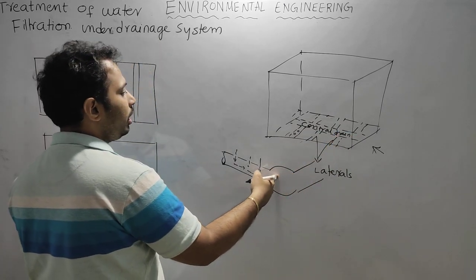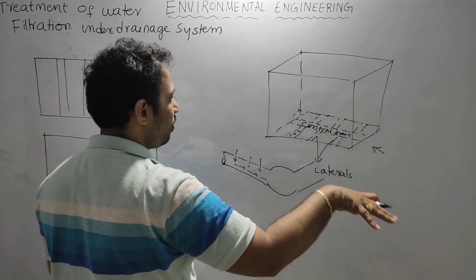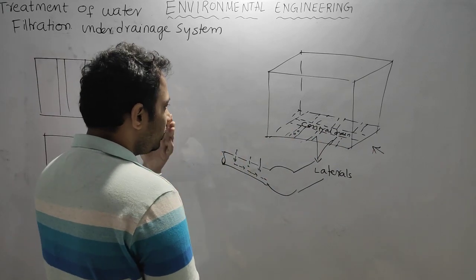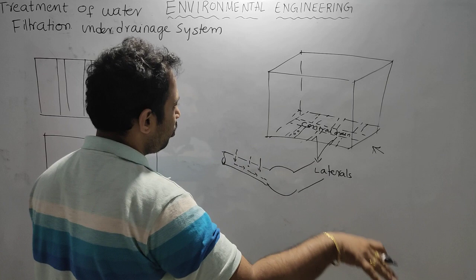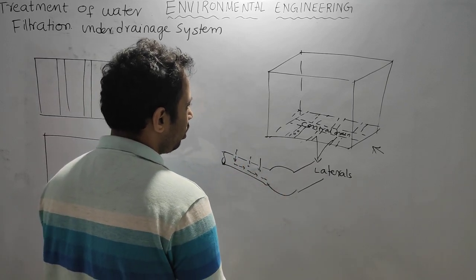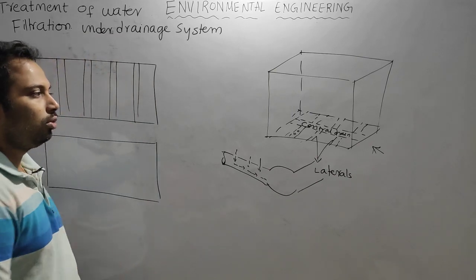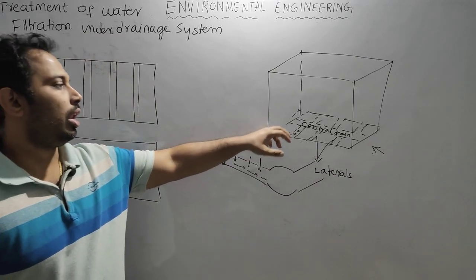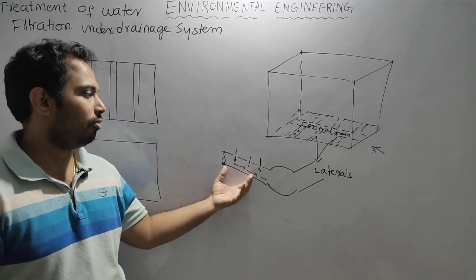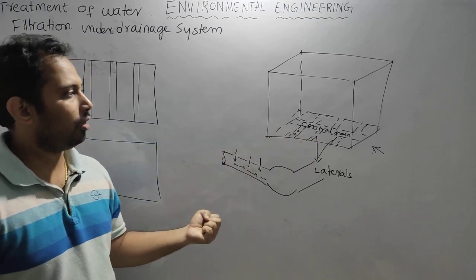This central drain will have a slope to one side or the other, in the direction from where you want to take the water out. Using this central drain we take the water out of the filter. This is the arrangement. Laterals are connected to the central drain, and the laterals have perforations which take water from the filter.